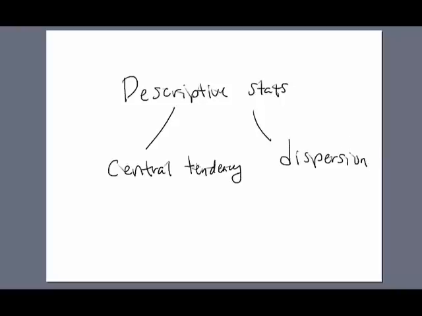Measures of central tendency include the mean, mode, and median, and measures of dispersion include the range, variance, and standard deviation. In this video, we're going to learn how to calculate both of them.